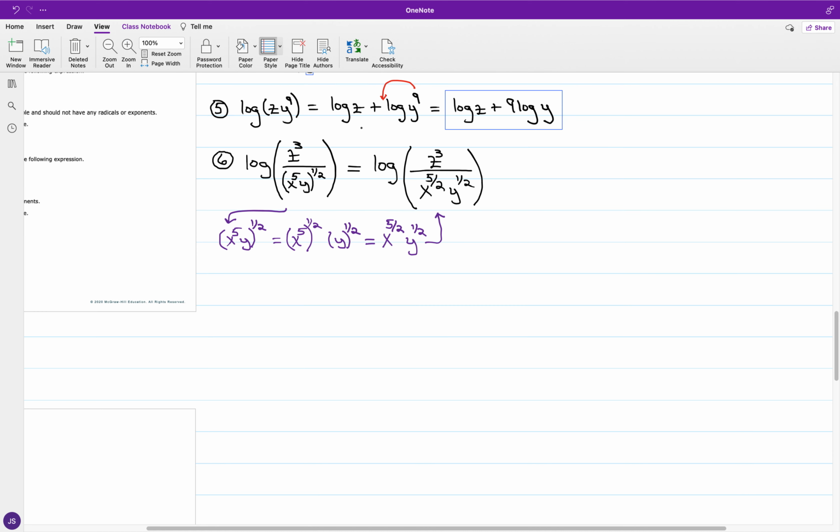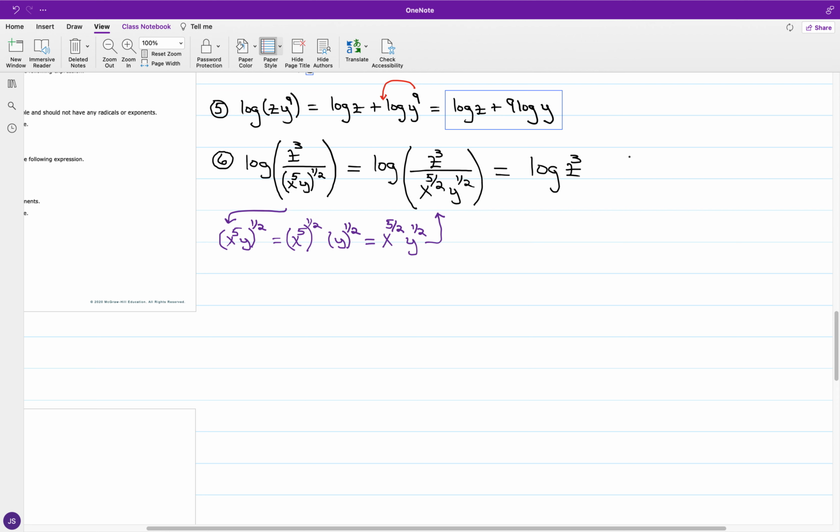Now looking at separating in terms of adding and subtracting. We have 3 factors in the fraction: 1 in the numerator, 2 in the denominator. We have z cubed, situated at the top, so this is going to be a positive base 10 logarithmic term.